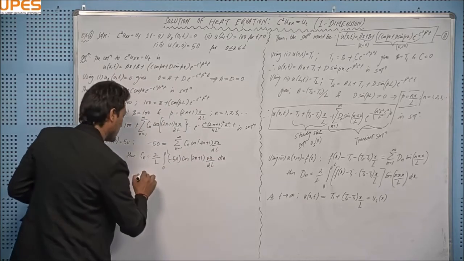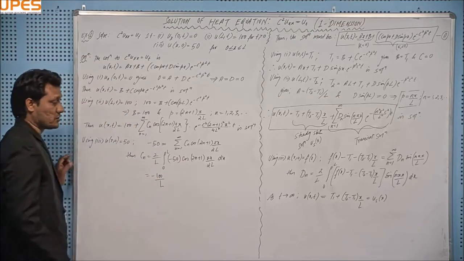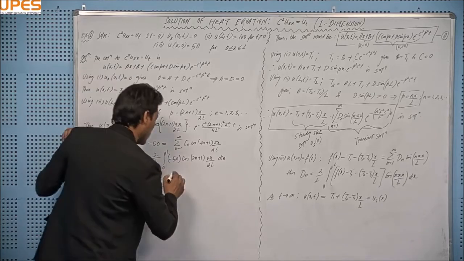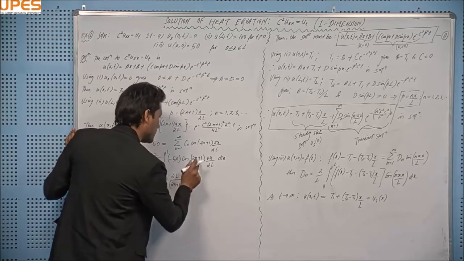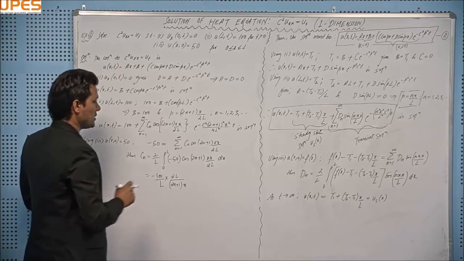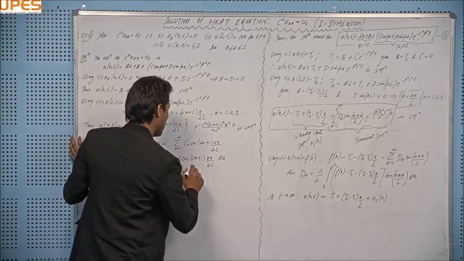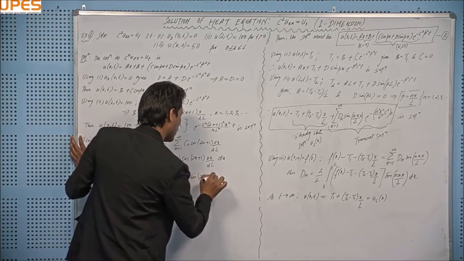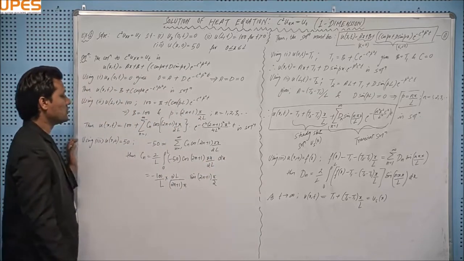Then this becomes minus 100 over L, and integration of cos becomes sine, and that will go in the numerator into 2L over (2n+1)π. Since it became sine, putting limits will give me sine (2n+1)π by 2, and sine 0 will be 0. This should be the solution.